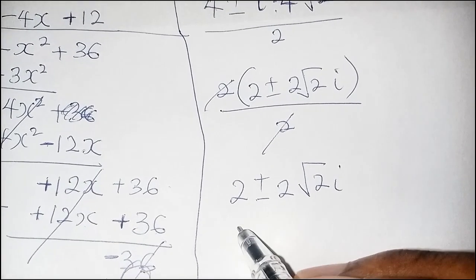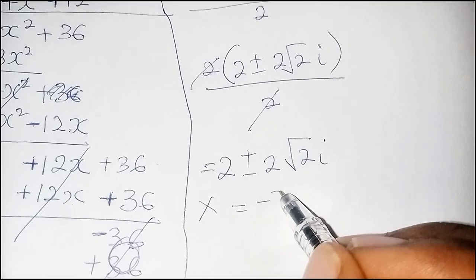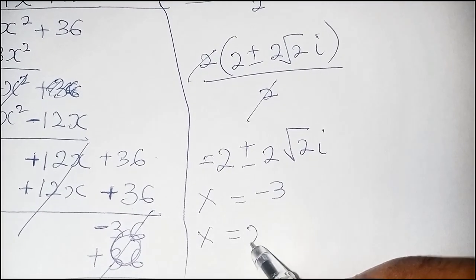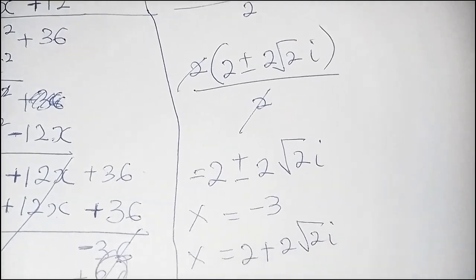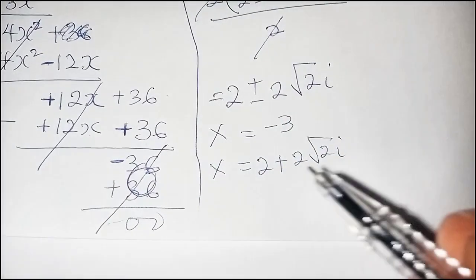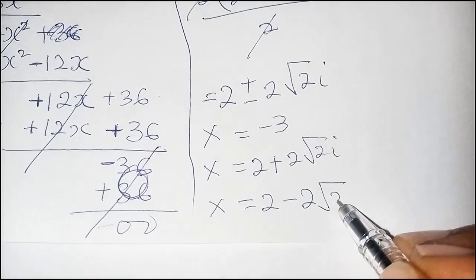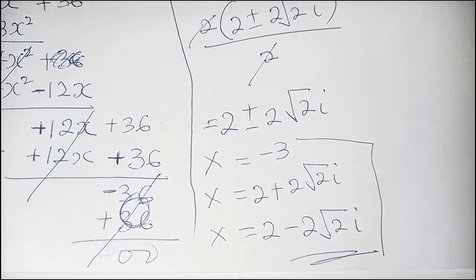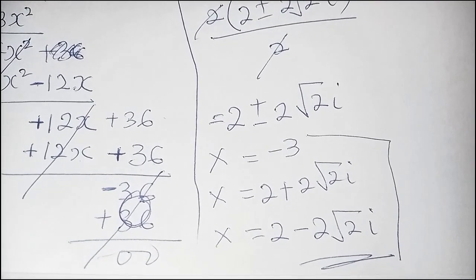And so these are the values for x. x is minus 3. x is 2 plus 2 root 2i. And x is 2 minus 2 root 2i. These are the complete solutions for x.